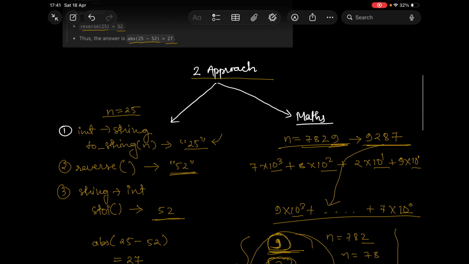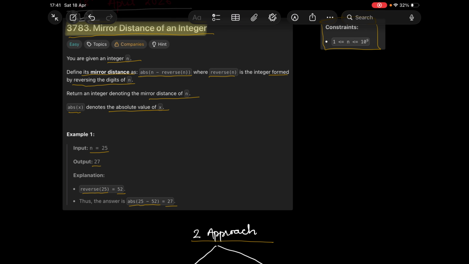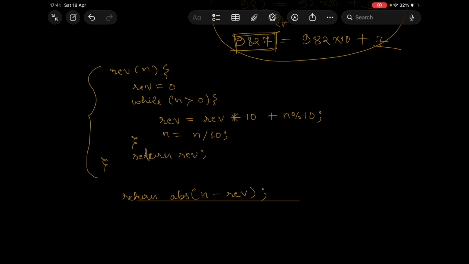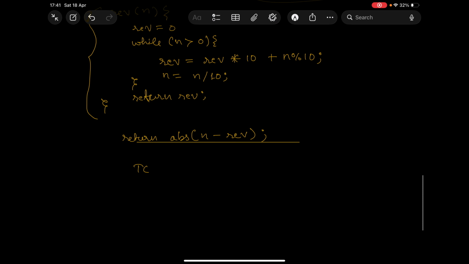Let's discuss this maths approach's time complexity, though it would also be the same. If you see, while reversing we are actually traversing each digit, right? So we have to traverse over all the digits. So it would be O of number of digits.